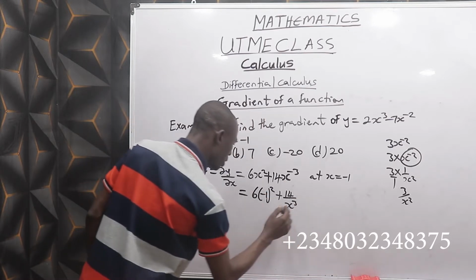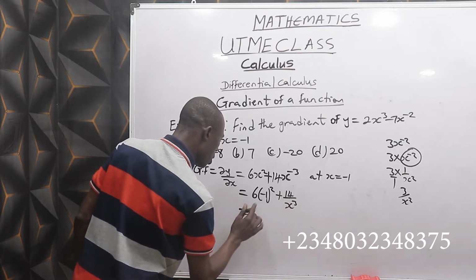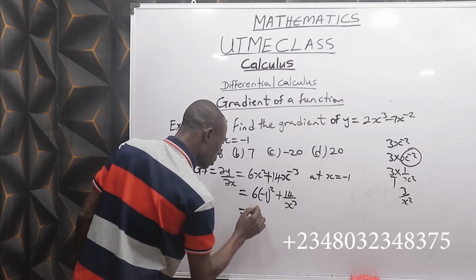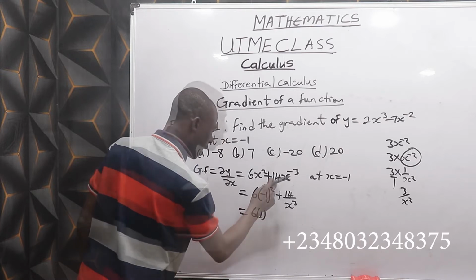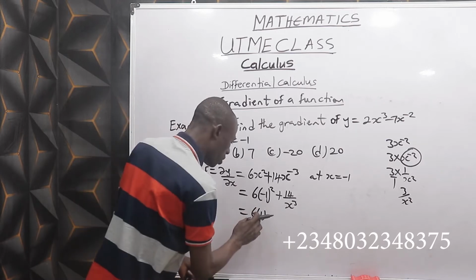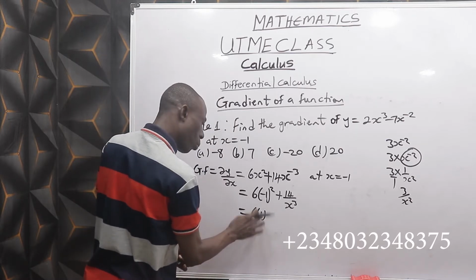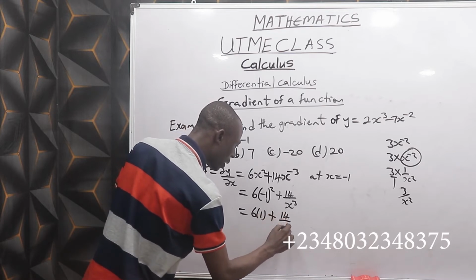Now, substituting the value of x into it, this is 6 into 1, because negative 1 squared, when you raise a negative value to power 2, gives you positive, so it's 1. It will be 1 back, plus 14 over negative 1 all raised to power 3.